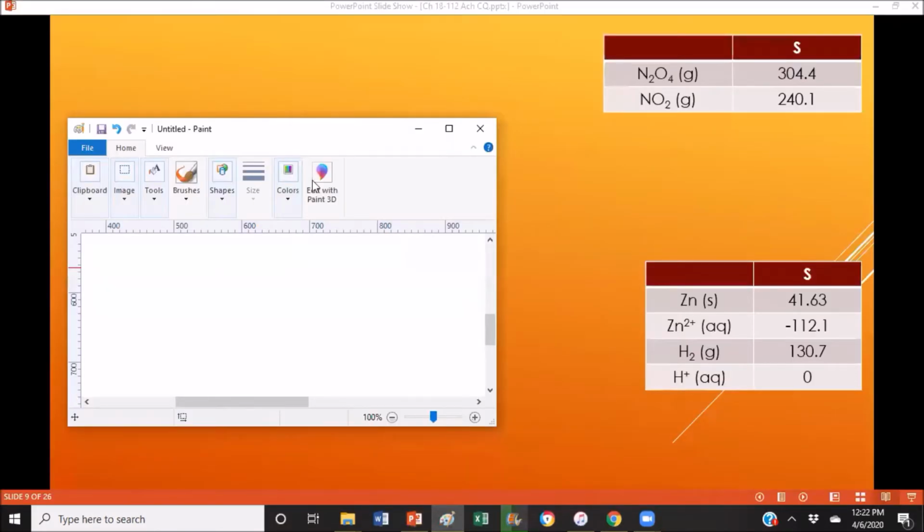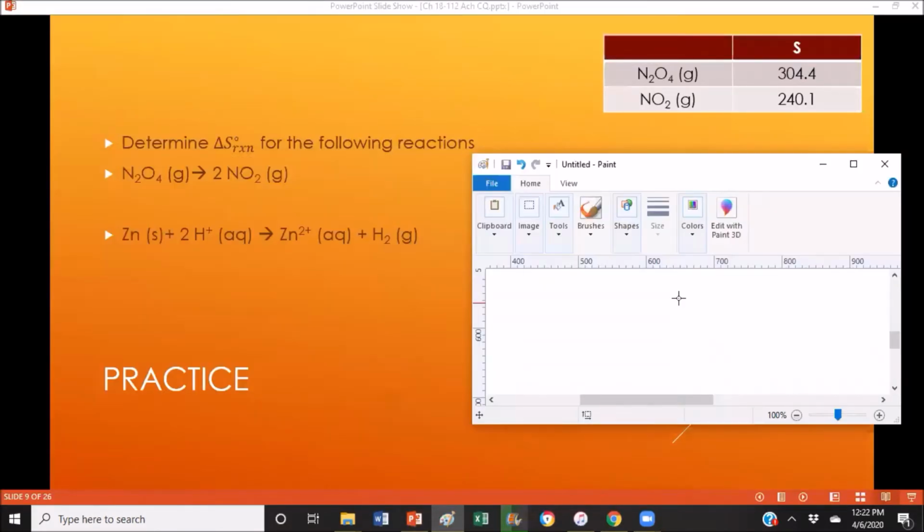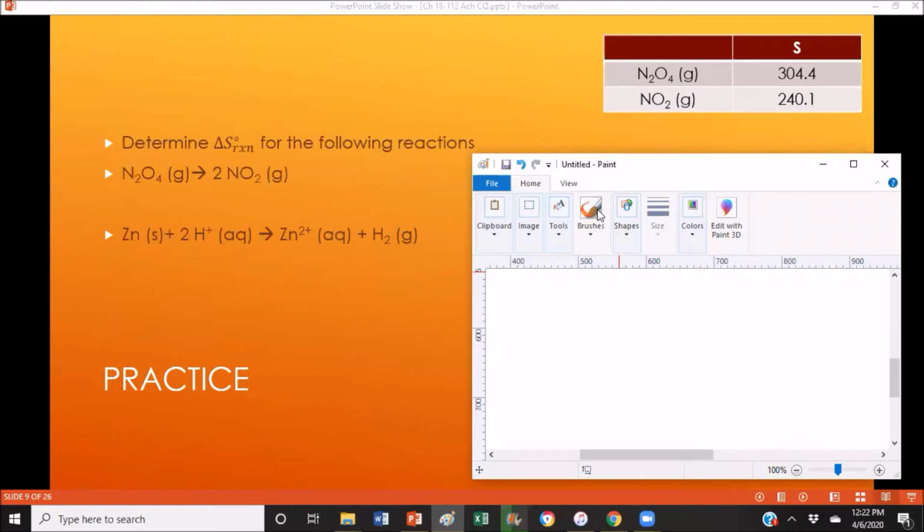So let's do problem 1 first. For products minus reactants, as we look at that, you'll notice one thing already right off the bat. The entropy associated with N2O4 is larger than the entropy associated with NO2, because a more complex molecule has more entropy because it's going to have more microstates possible.